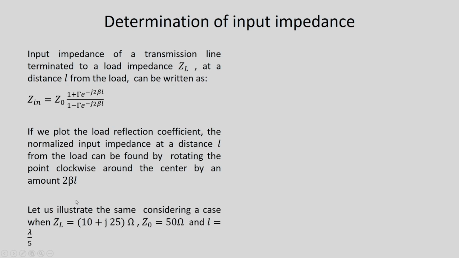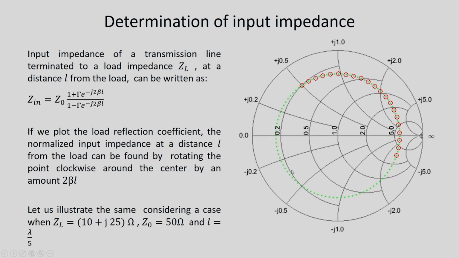Now, let us illustrate how we find the input impedance by taking an example, and we consider the case when ZL is 10 plus j 25 ohm, Z naught is 50 ohm and L is lambda by 5. So, here in this chart, this is the starting point ZL, which is 0.2 plus j 0.5.